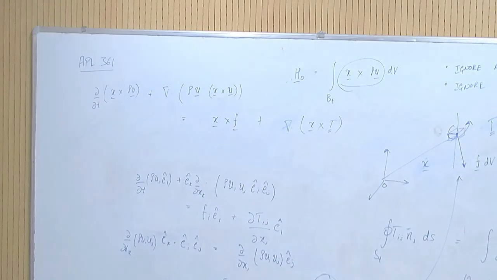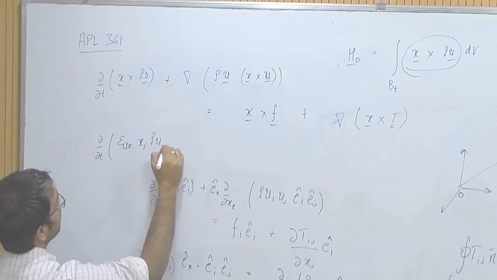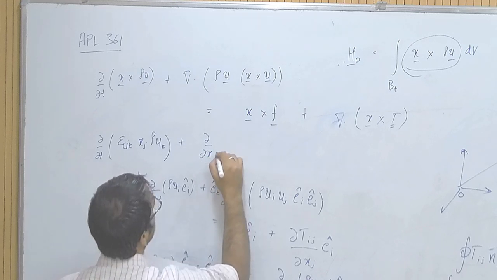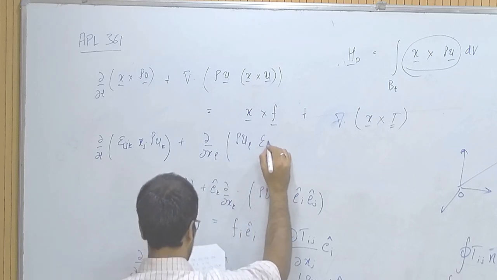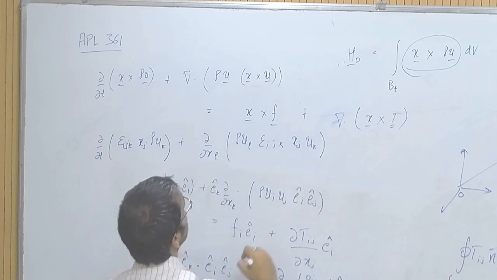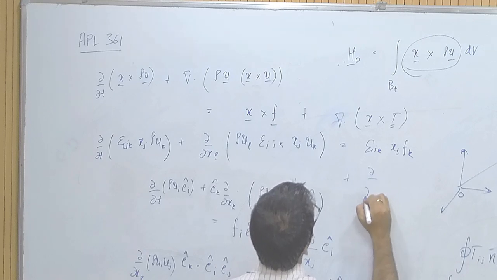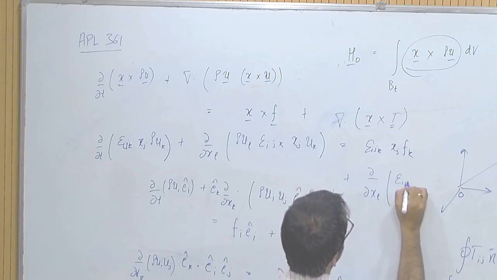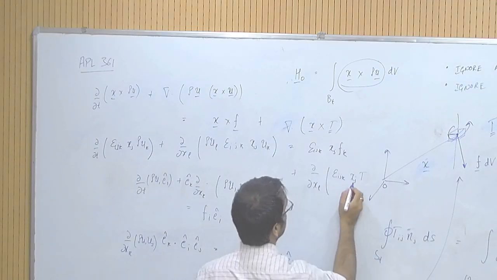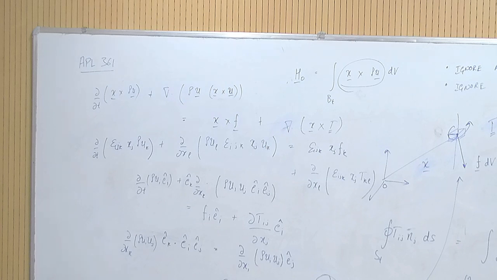It is easier to look at it in index notation, and that will be del by del t of epsilon ijk x_j rho u_k plus del by del x_l of rho u_l epsilon ijk x_j u_k equals epsilon ijk x_j f_k plus what you are going to get here is del by del x_l of epsilon ijk x_j T_kl.